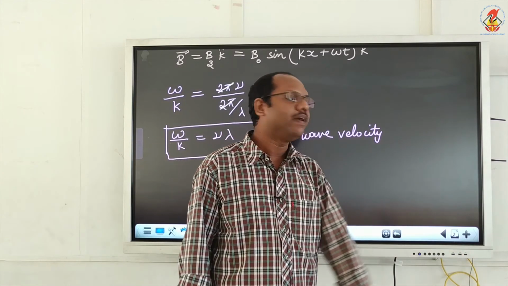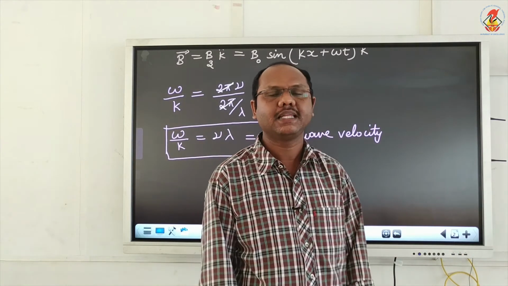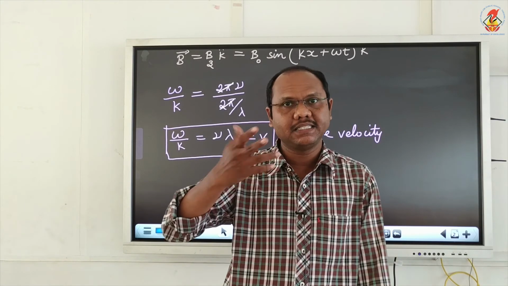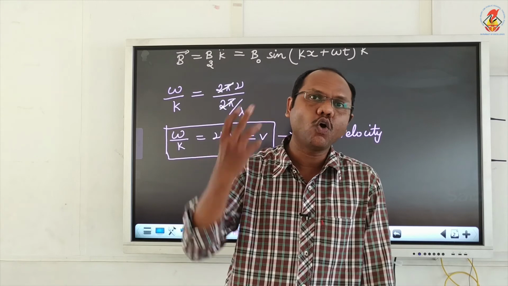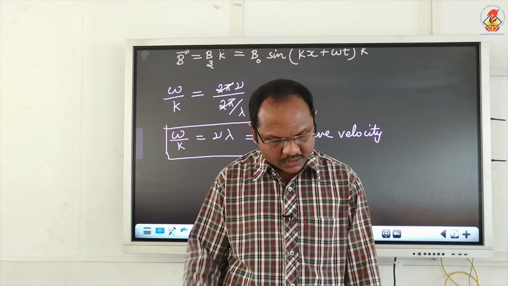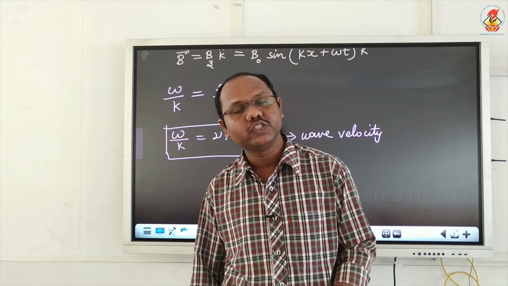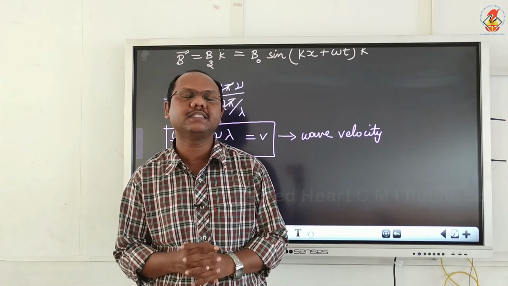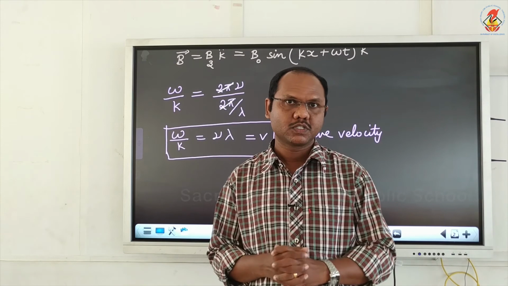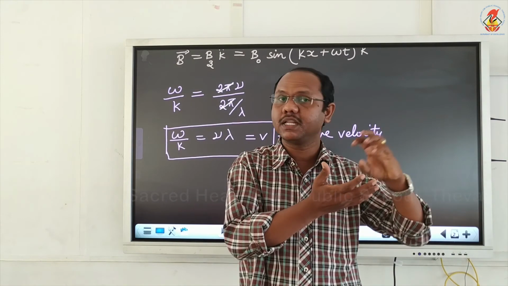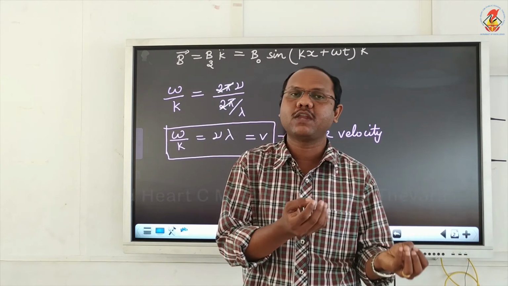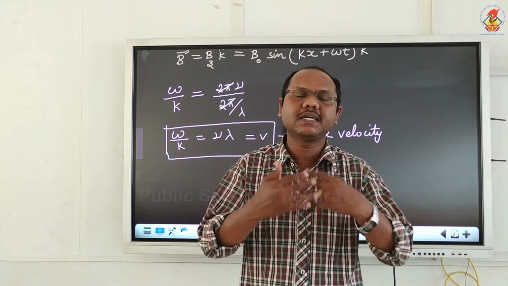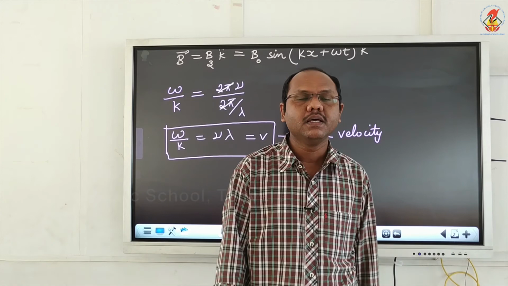Now, when the charged particle accelerates, what will happen? When the charged particle accelerates or oscillates, that oscillating charge will produce an oscillating electric field in its neighborhood. So the variation in the speed will produce an oscillating electric field in its neighborhood. That means there is a variation in the electric field.